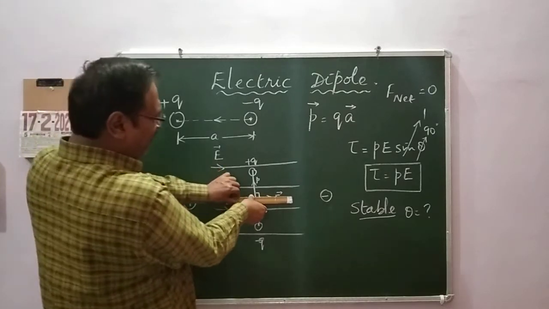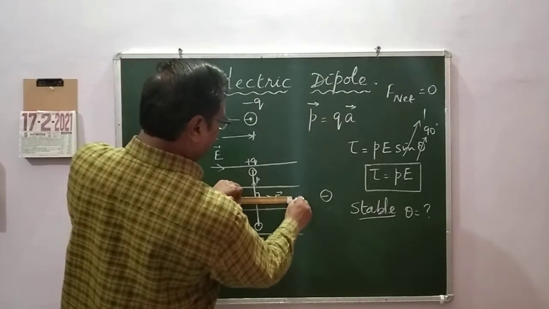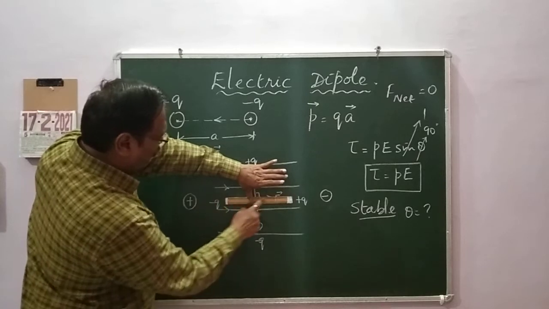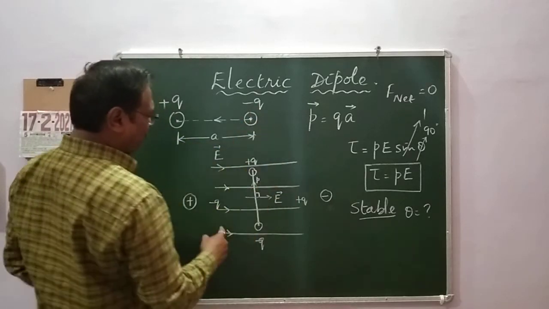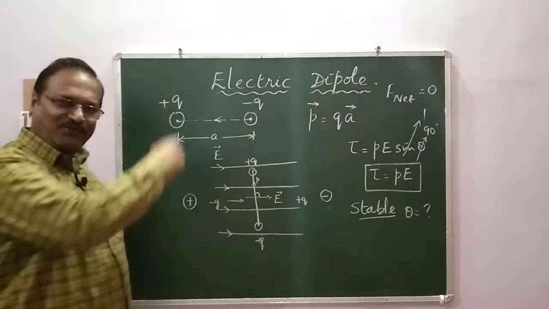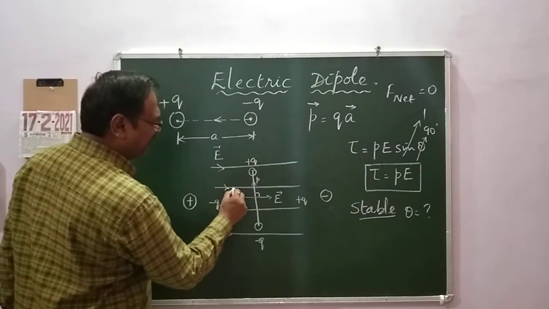When it rests in this position, this is plus Q and this is minus Q, and you know that the dipole moment acts from negative to positive. The electric field is in this direction, the dipole moment is in this direction.